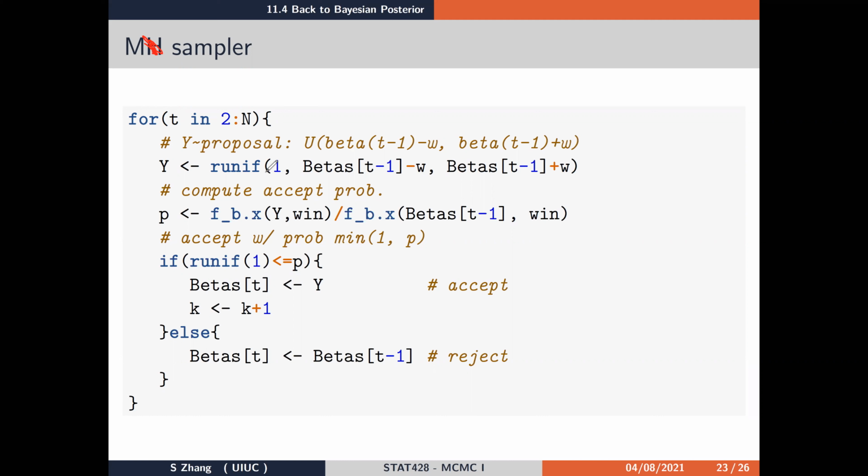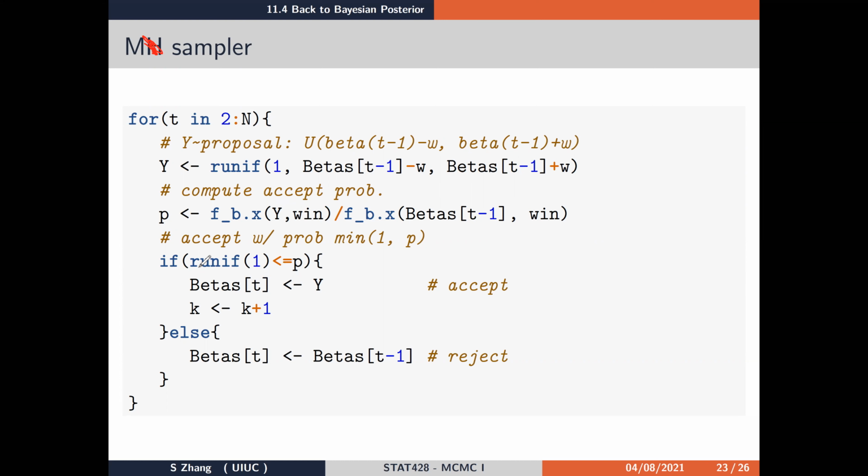The proposal is a uniform distribution between the last beta minus W and the last beta plus W. We'll then calculate the acceptance probability, which is the ratio between the function proportional to the posterior evaluated at y divided by that function evaluated at the last beta.